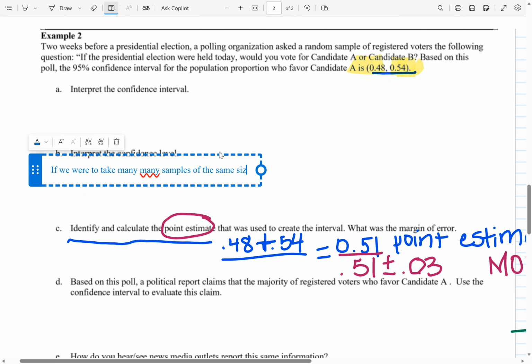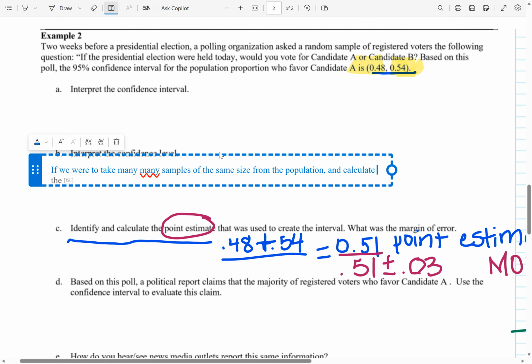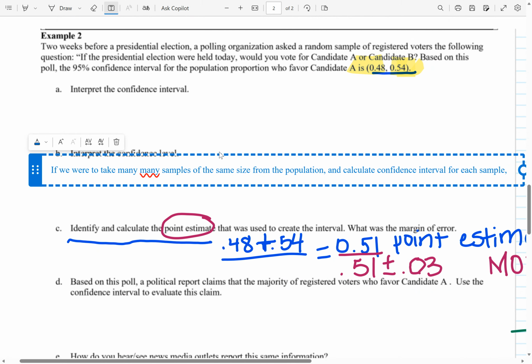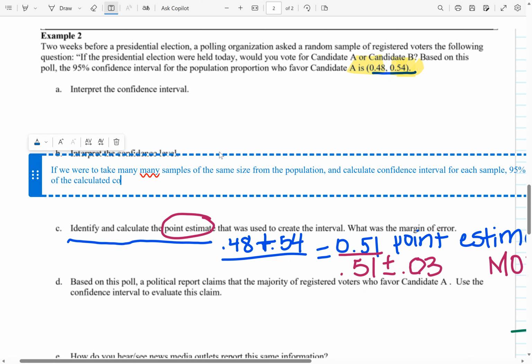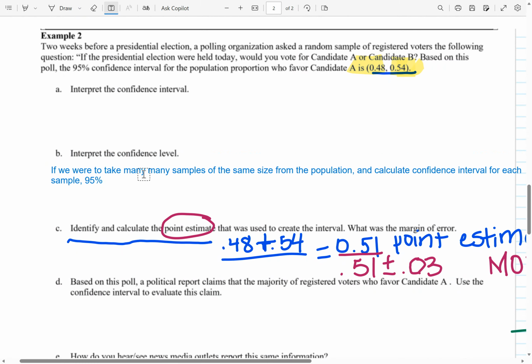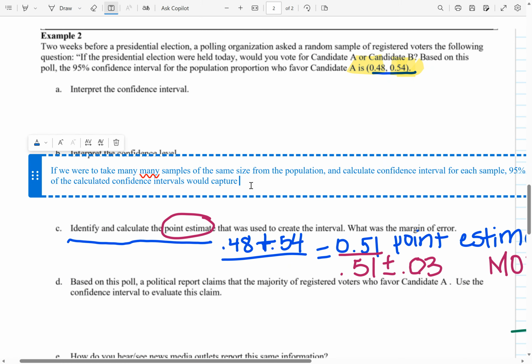Of the same size from the population, and calculate a confidence interval for each sample, 95% of the calculated confidence intervals would capture, and then here's where I look for what I'm trying to estimate: population proportion who favor candidate A. So would capture the true population proportion of those who favor candidate A.